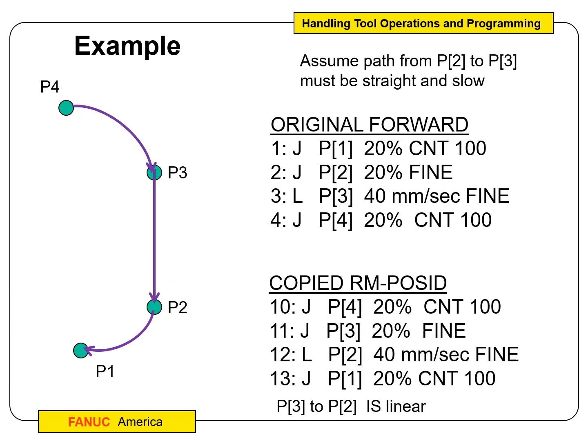So if I do an RM or reverse motion, now it will take that move to P2 and say, while I'm moving from P2 to P3, I want that to be a linear move, and I want it to be 40 millimeters per second. It takes that speed from line 3 and moves it down to your P2 move.